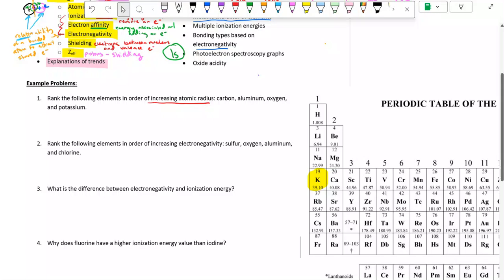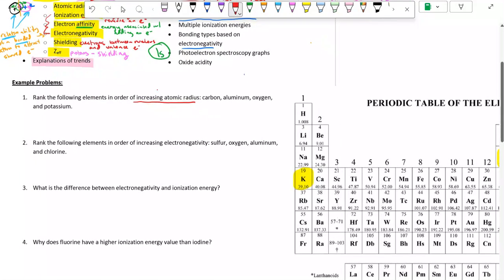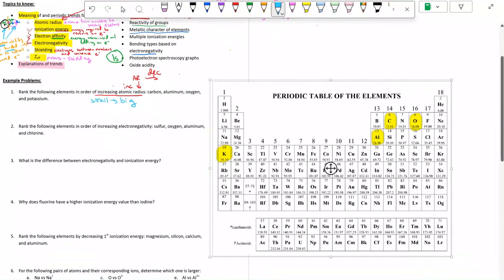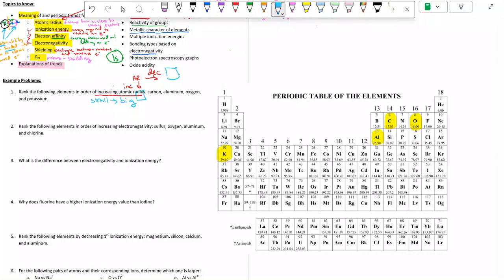So first of all, atomic radius across the periodic table decreases and down the periodic table increases. And so if we want an increasing atomic radius, we want small to big. That's our increasing. And so we want to look at our general trends. If we want to go small to big, the smallest are going to be over here, and the biggest are going to be over here on the periodic table.